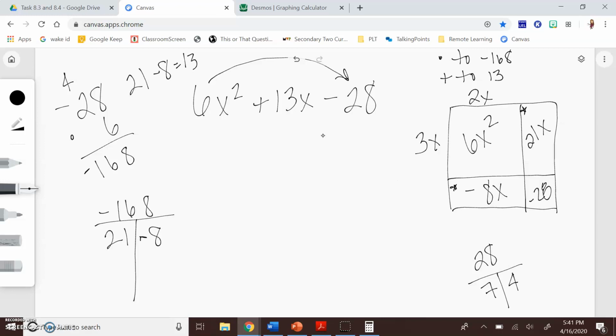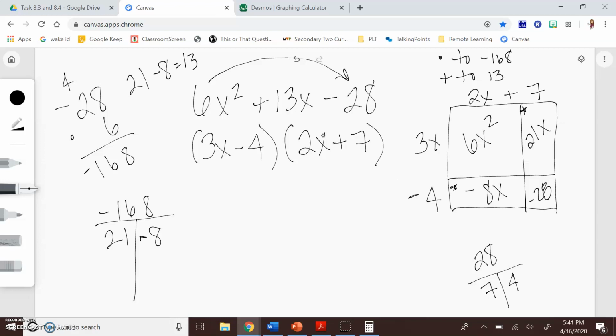Where are we going to put 7 and 4? Well, I know that 3 times 7 is 21, so my 7 will go up here, and I know that 2 times 4 is 8, and I need this to be negative. So I get the factors 3x minus 4 and 2x plus 7.